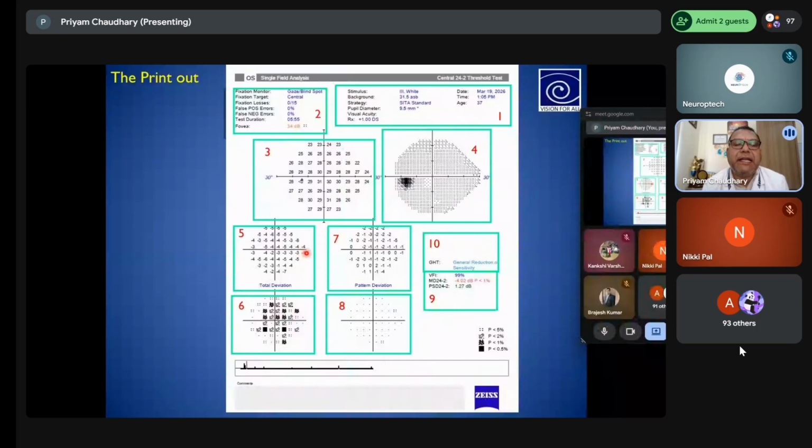So you subtract that -3 from all points, and you get the pattern deviation. Suppose here there is -4. So -4 minus minus plus 3. -4 plus 3 is equal to -1. And here is -5.